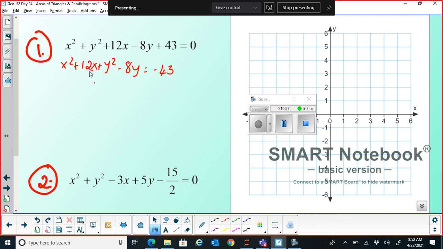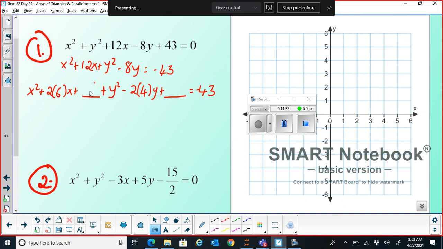Then, dividing by 2, I have 12 as 2 times 6, so 2 times 6x. Let me leave one space for the term that I plan on adding. Then y square minus 8y is 2 times 4y. One more blank space so that I can add b square, equals negative 43.